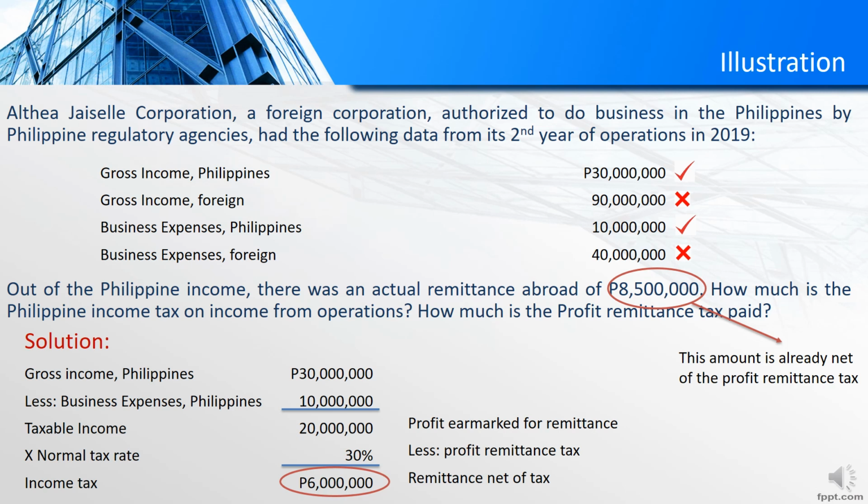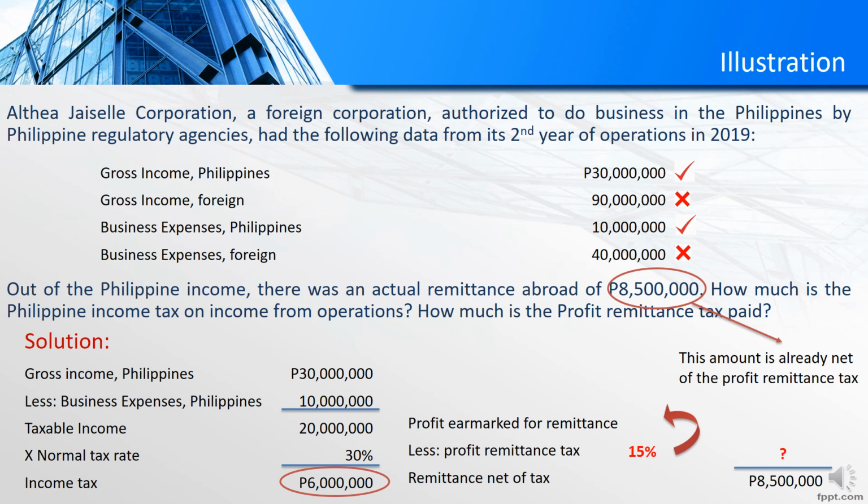So this is the amount received by its head office or the mother company. So this is already the remittance net of tax. And we are looking for the profit remittance tax, which is 15% of the profit earmarked for remittance.